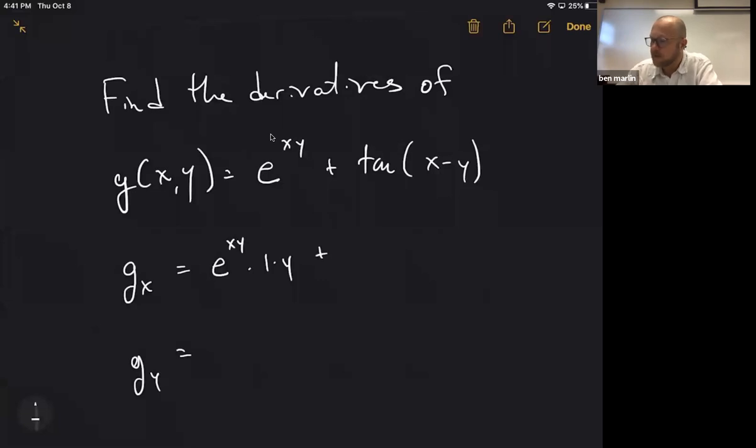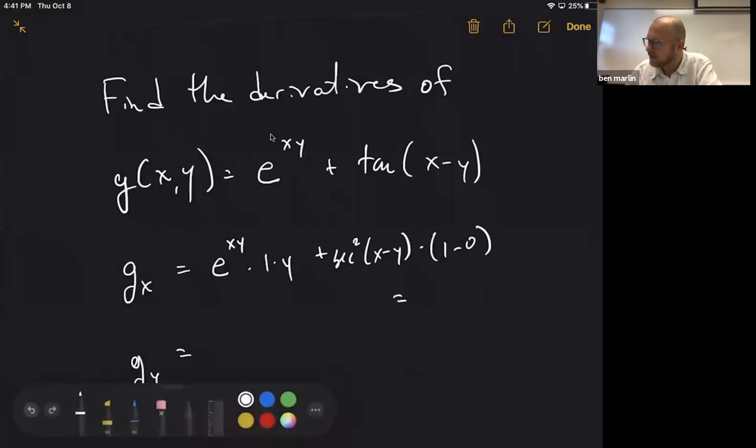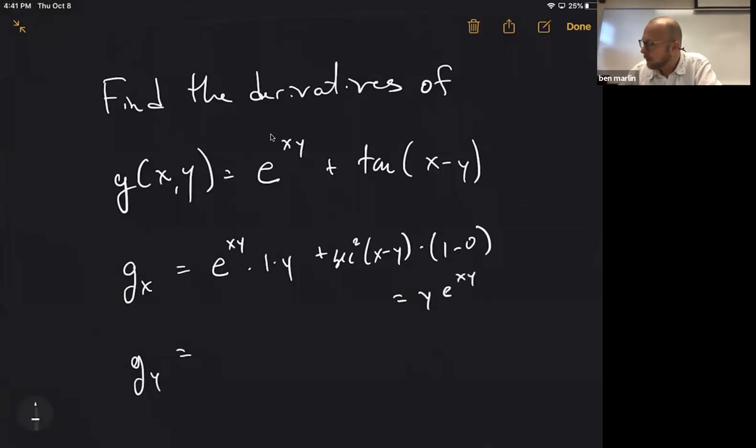Plus, now the derivative of tangent is secant squared, and you leave the same stuff inside, and then the chain rule says take the derivative of that stuff inside with respect to x. 1 minus 0, right? So if you want to tidy up a little bit, you'd say y e to the xy plus secant squared of x minus y. And that's all you do, okay?